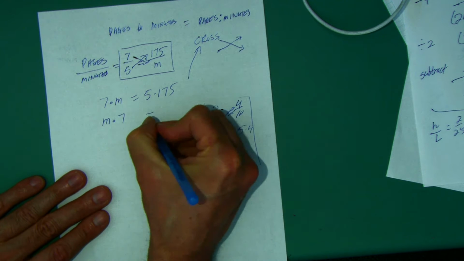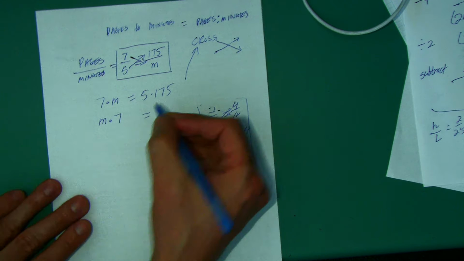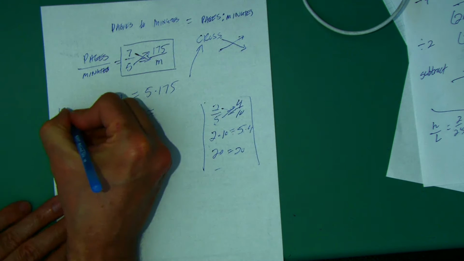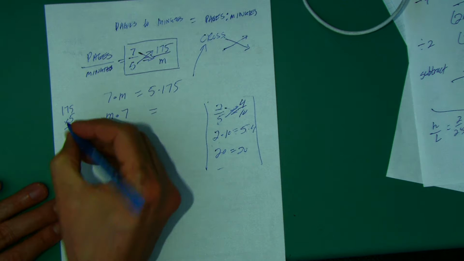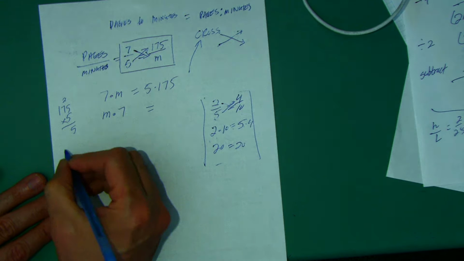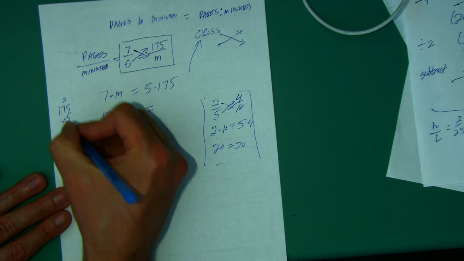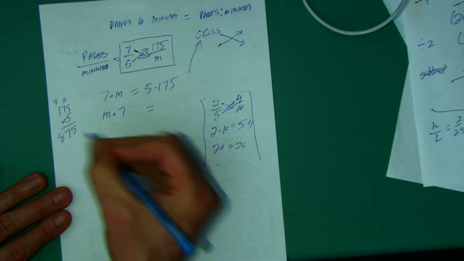I'm OCD that way. And I'm going to figure out what's 5 times 175. I'm using the standard algorithm. You can use another technique if you want. 5 times 5 is 25. 5 times 7 is 35 plus 2, 37. And 5 times 1 is 5 plus 3, 8.